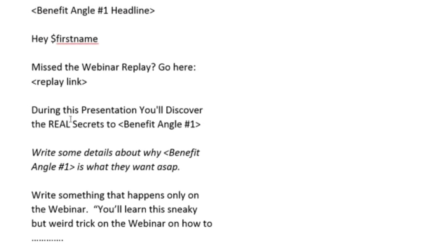So you can say, during this presentation, you'll discover the real secrets to benefit angle number 1. So saving time, saving money, or saving something, or solving something. And then what you want to do is elaborate on that benefit number 1.